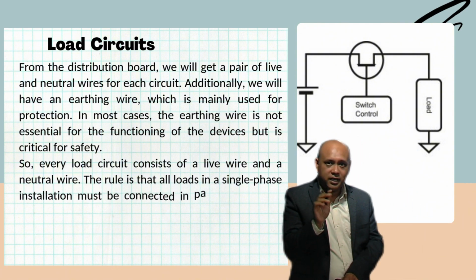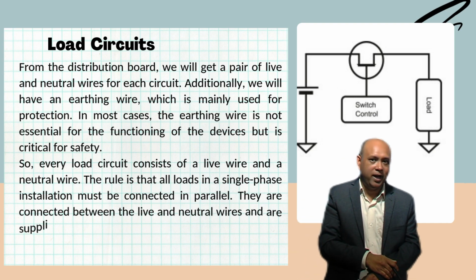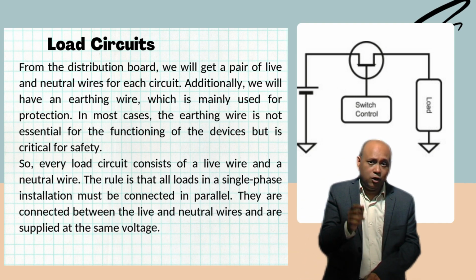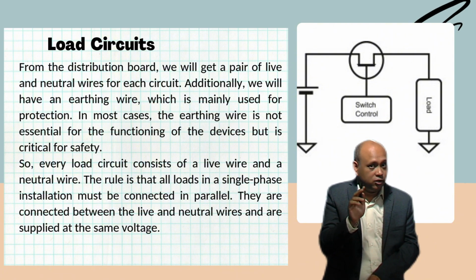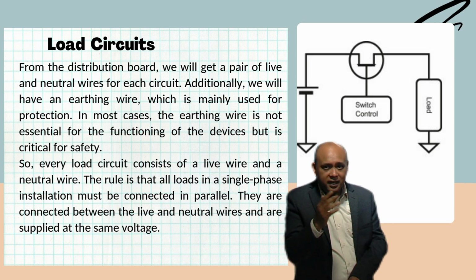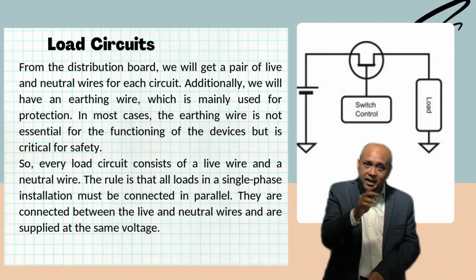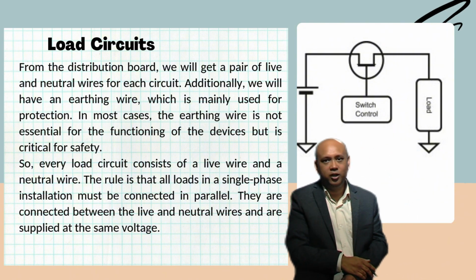So every load circuit consists of a live wire and a neutral wire. The rule is that all the loads in a single phase installation must be connected in parallel. They are connected between the live and the neutral wires and are supplied at the same voltage.